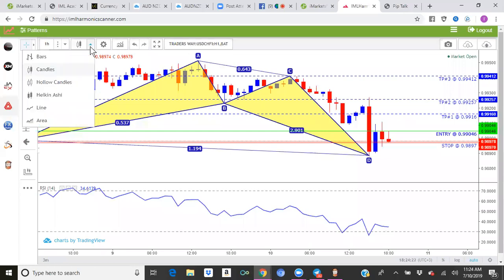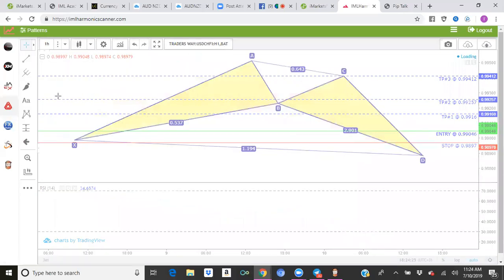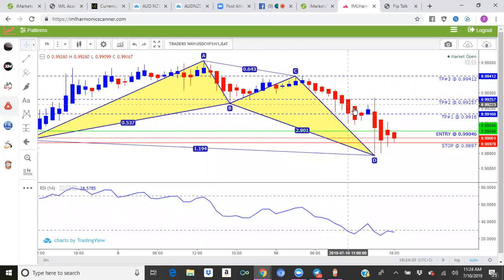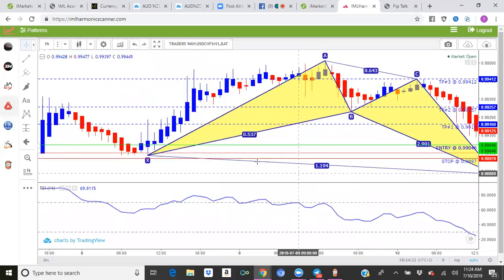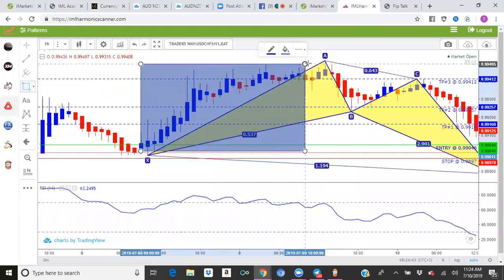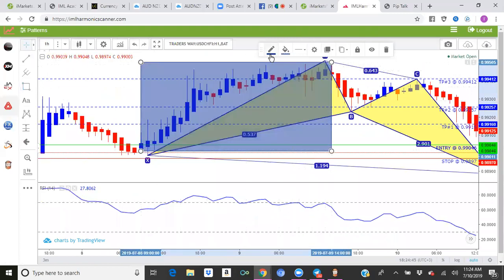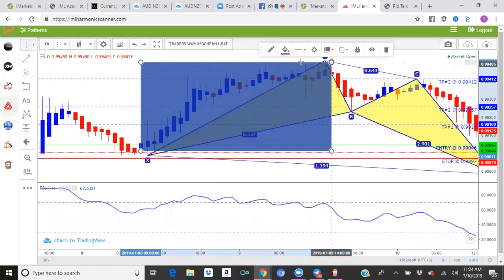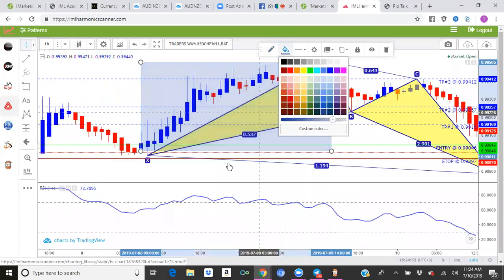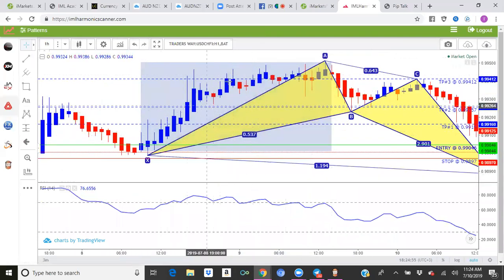Okay, so the first thing I do is change my candles to Heikin-Ashi candles. Heikin-Ashi candles give you the true momentum of the move. It takes a lot of the noise out of the regular Japanese candles. So I'm going to show you what I mean. If you look in this shaded blue area here, you can see the true momentum.